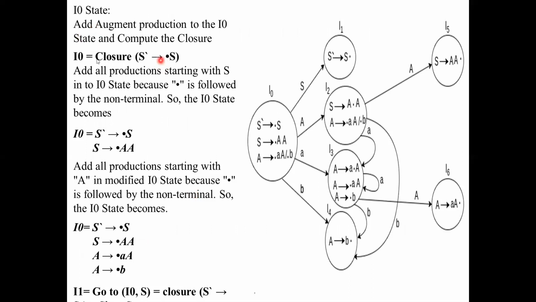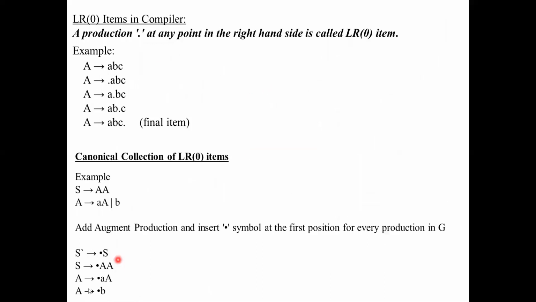First we understand what is the meaning of closure and what is the meaning of goto. Add the augmented production to the I0 state and compute the closure. What is the meaning of closure? Closure means we put the I0 items; forget it for some time and focus on the productions. These are the productions, and this is the first part.